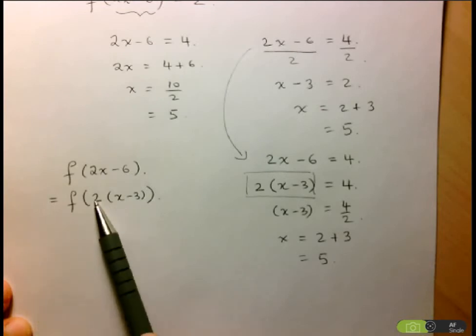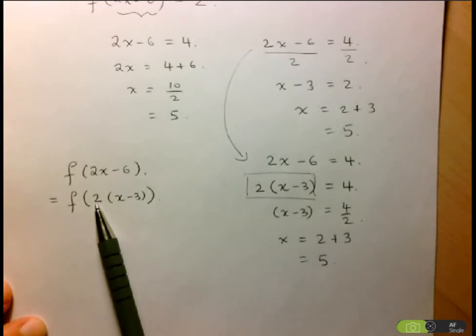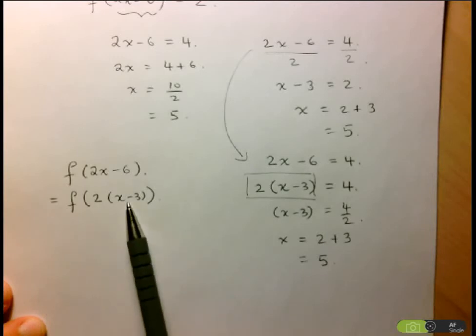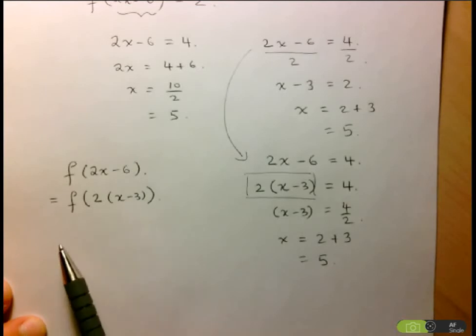I read off here that I'm performing a horizontal compression by a factor of 1/2, and then I'm performing a horizontal translation by 3 units to the right.